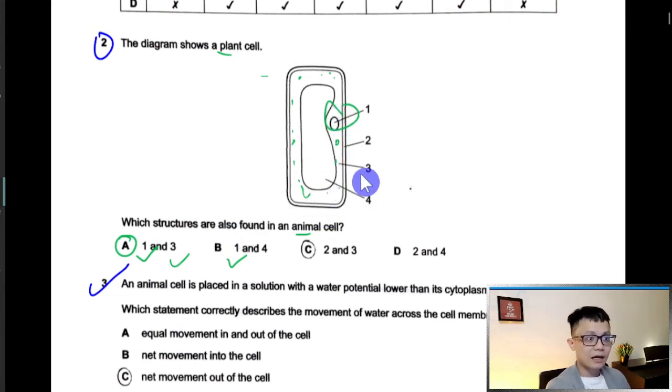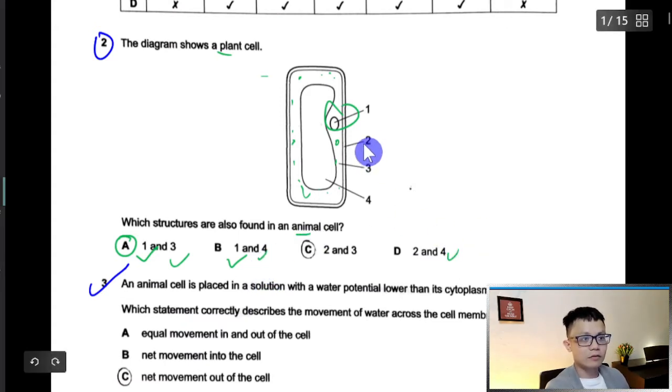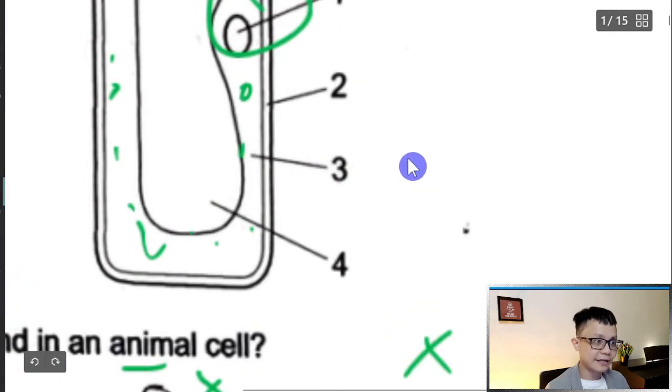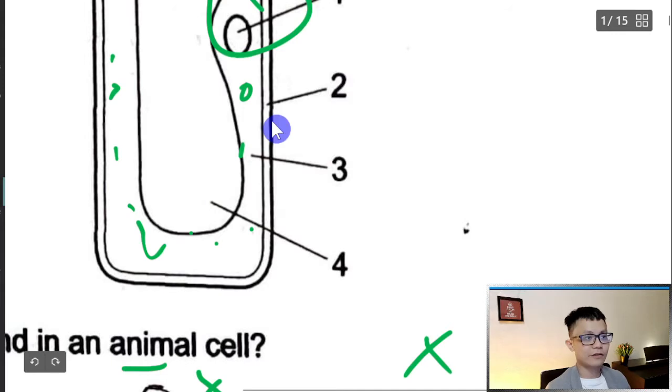Obviously 2 also, and 4 is also correct, because it's vacuole. Plants and animal cells also have vacuole, but not that big. Actually 4 can be correct, but 2 is cell wall, so 2 is surely wrong. It could be cell wall, it could be cell membrane. If cell membrane, then animal cell also has it. But let's zoom deeper and see where the line is drawn.